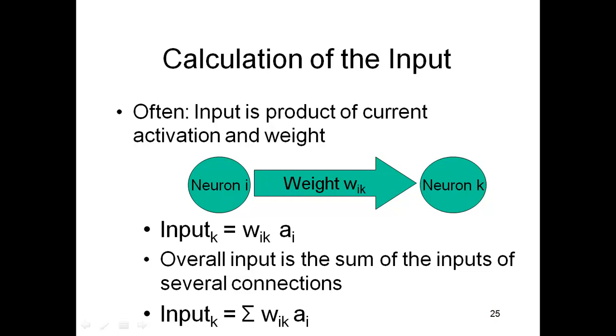We have a neuron. The input of the neuron, like K, is the product of the current activation of the sending neuron and this weight. And this changes over time. That's what they call the learning, the long-term model. Activity can change at any time. That's what we're thinking about right now, short-term memory.